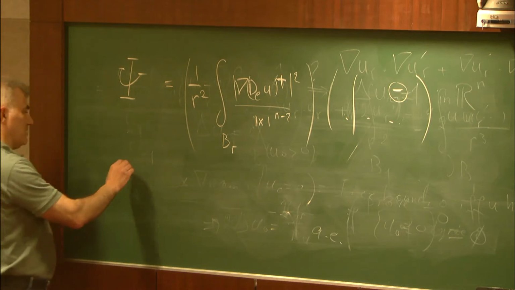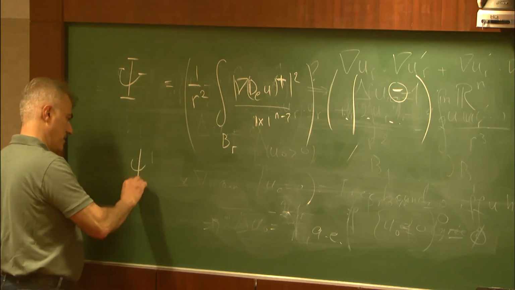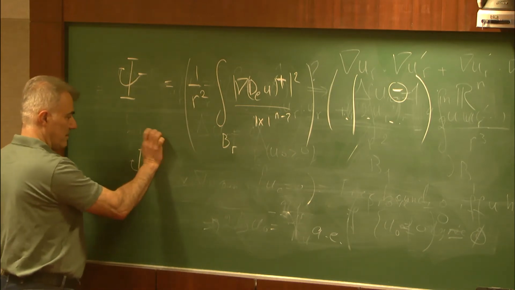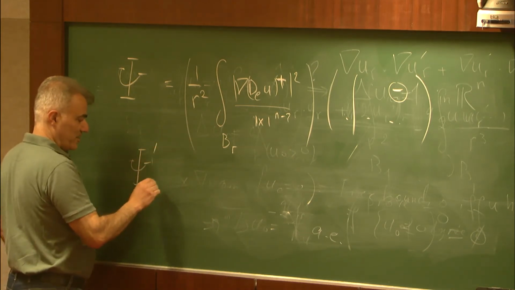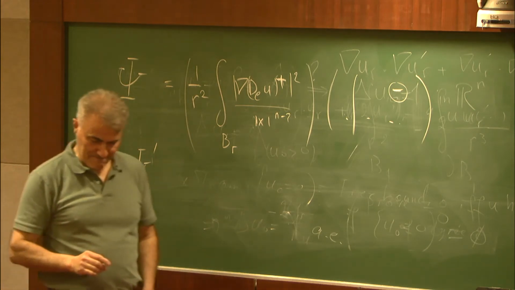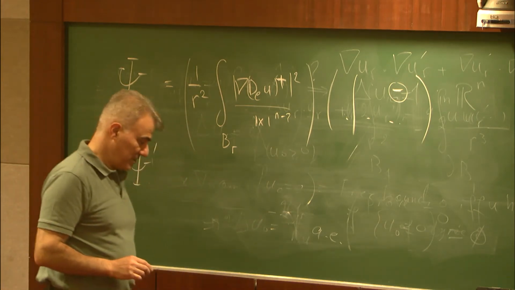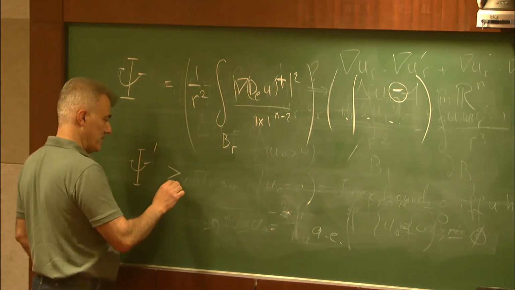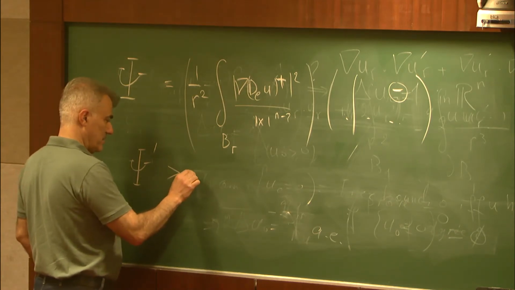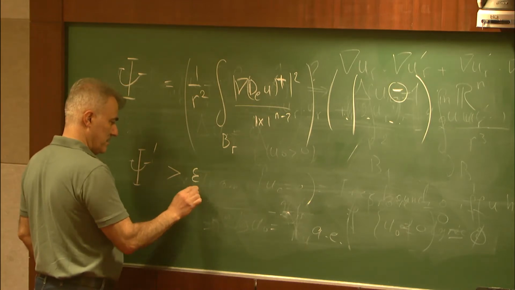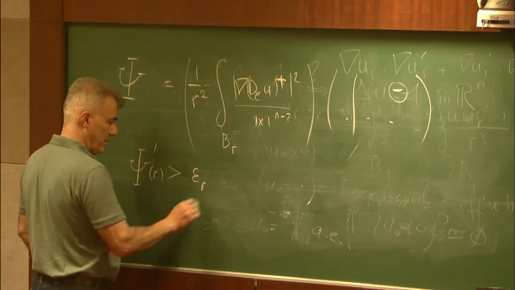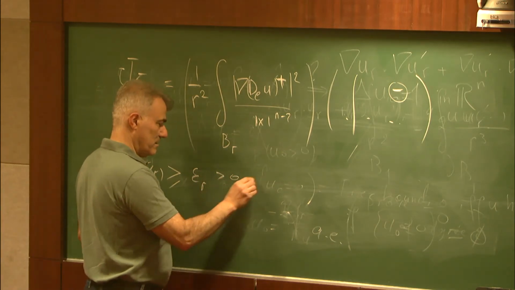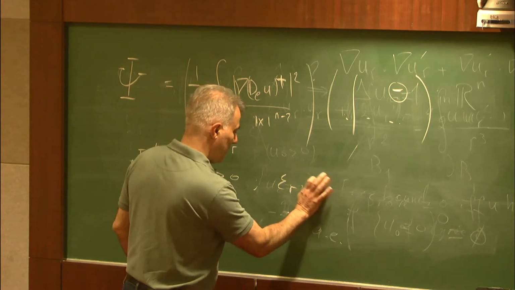What we have is that this is monotone. Actually, we have the following. The monotonicity formula tells me that psi prime is strictly monotone increasing, so epsilon r is positive, where epsilon r somehow depends on how much.